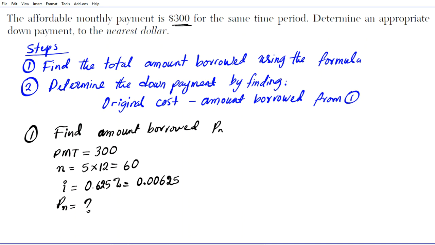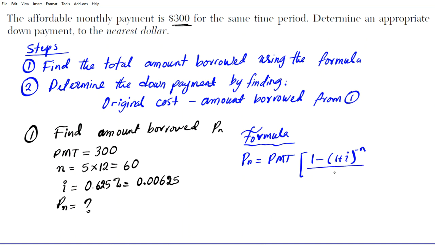Okay? Alright, so let's recollect that long, complicated formula that we're going to use to find the amount borrowed. P sub n equals the monthly payment, PMT, times 1 minus 1 plus the interest raised to the negative period of time, over the interest. Okay, so let's do this.